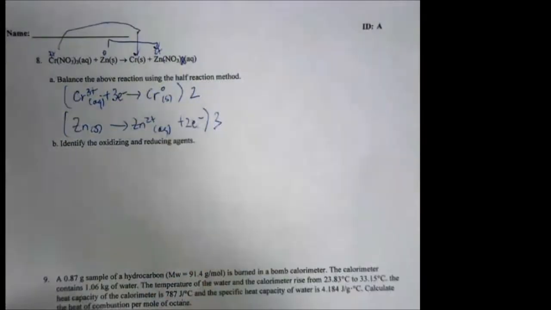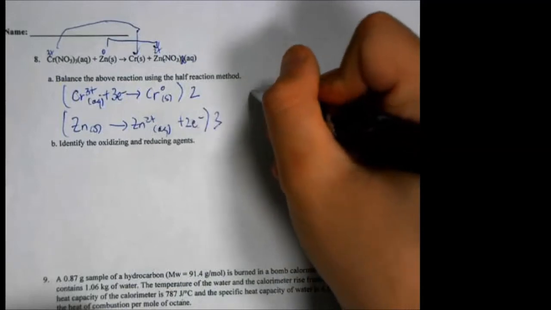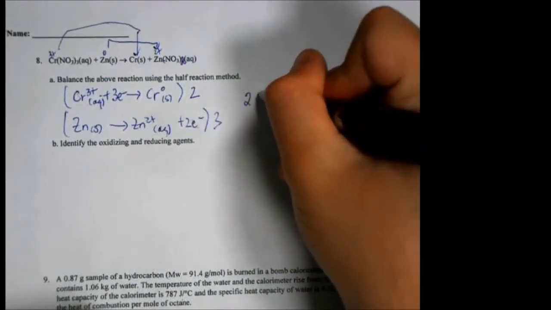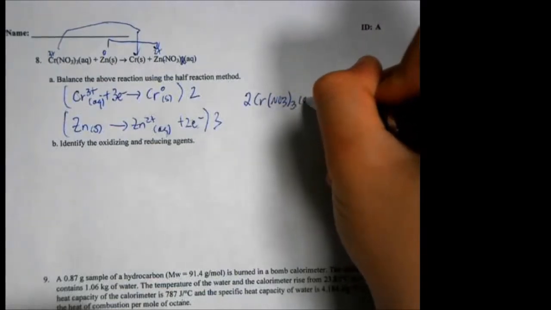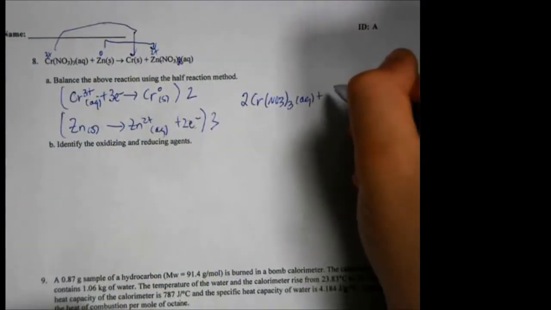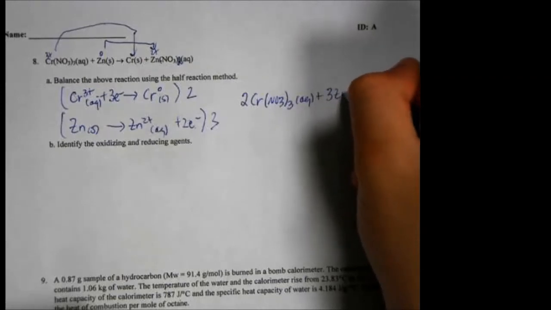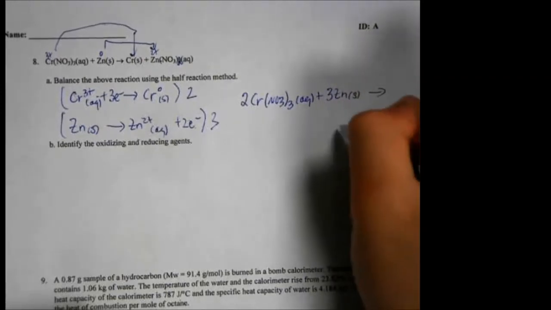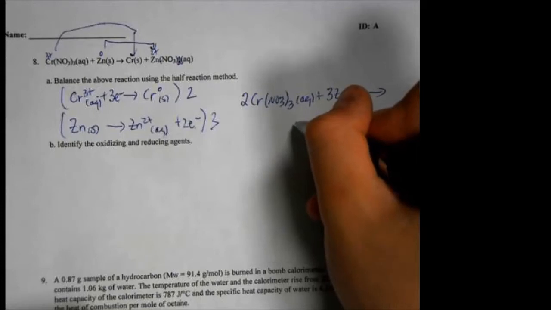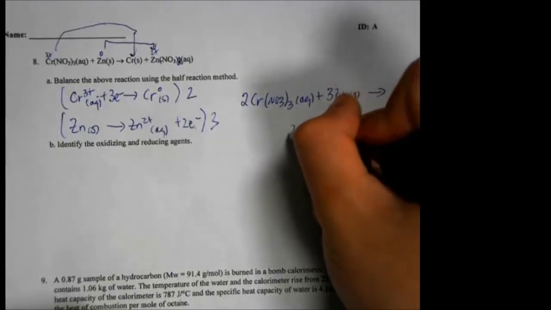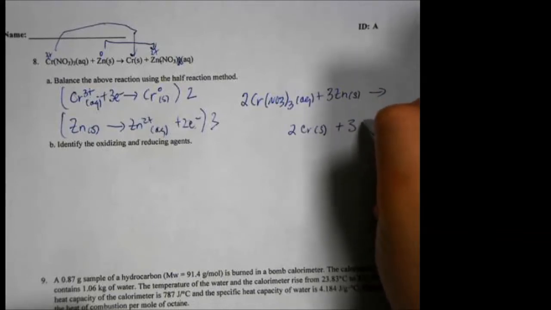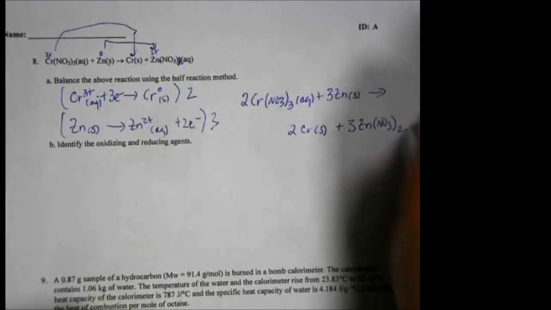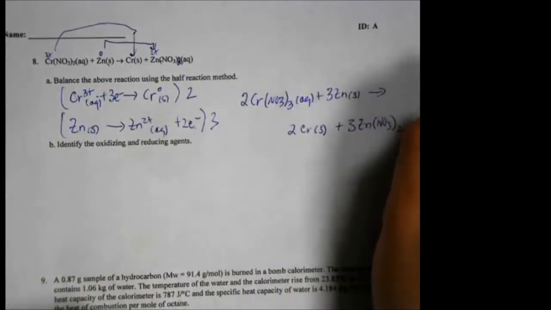Using these multiplication factors, we get 2 chromium nitrate plus 3 zinc solid gives, and forgive me, I'm just going to put this down here on the bottom, 2 chromium solid plus 3 zinc nitrate. Okay, and you can check.